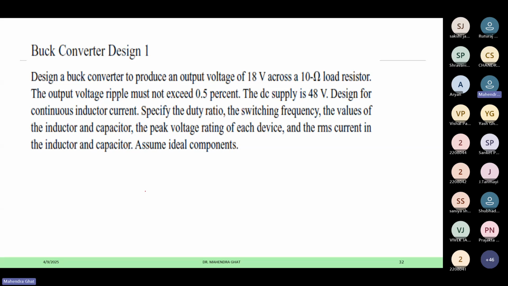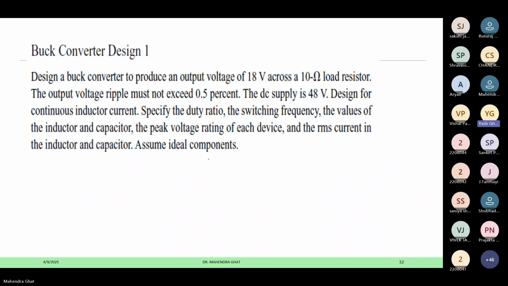So did you get any results for this? Yes, sir. For the current, I have applied VO by R. I got the maximum output current at 1.8 amperes. Okay, correct, that is the average current you got, the average IL current, IL equal to IO.